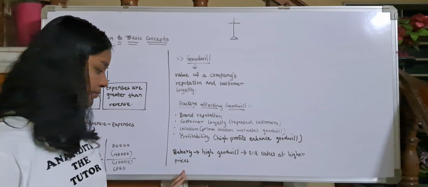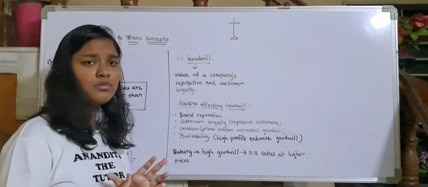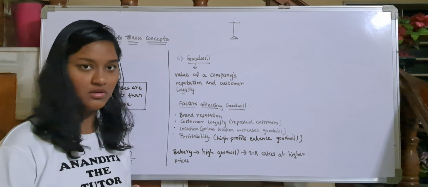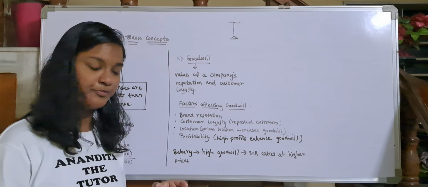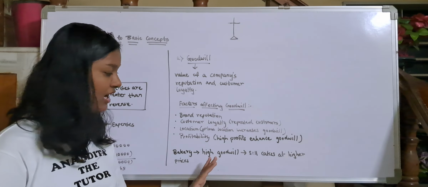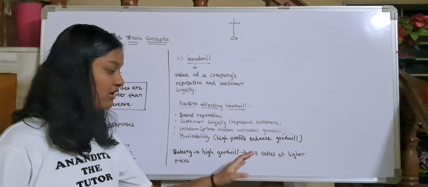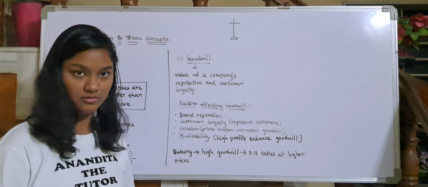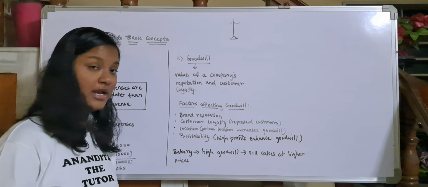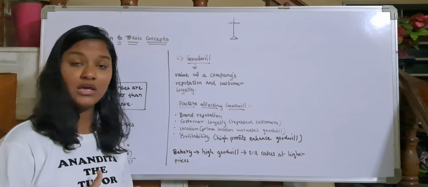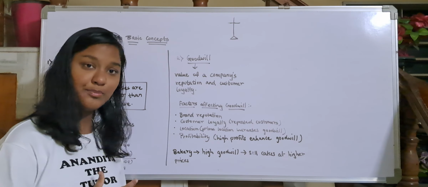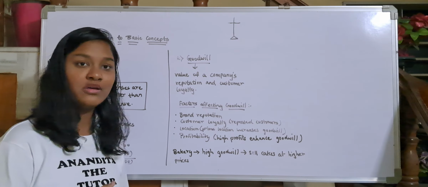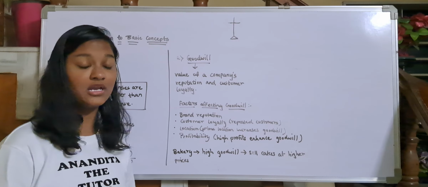An example I will give you is there are two bakeries, bakery A and bakery B. Bakery A has high goodwill, therefore whenever they sell cakes, they can sell at higher prices. And bakery B is newly established, so people will not prefer buying cakes from that business, at least for now.